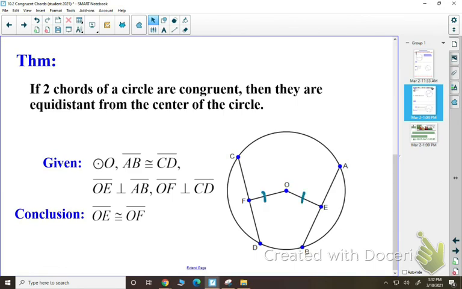We could prove this with congruent triangles and a CPCTC step if we were writing a proof.